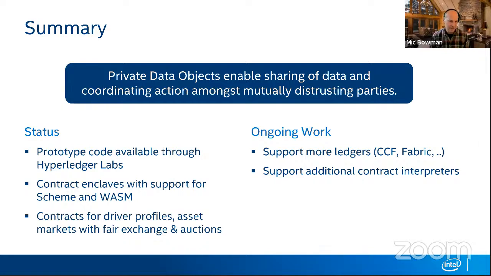I will say it is labs code, it is research code. Most of the time it works, and some of the times it doesn't. The production quality versions of these things are more in the Fabric private chaincode and Avalon. So we are continuously experimenting with new properties and new techniques inside PDO.